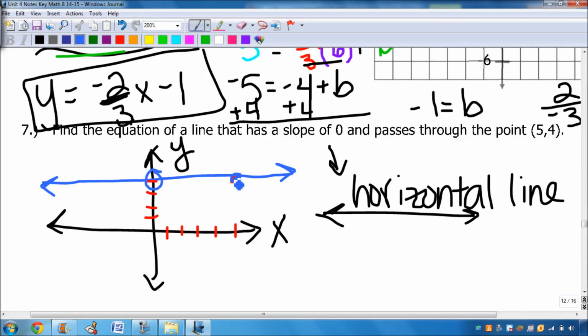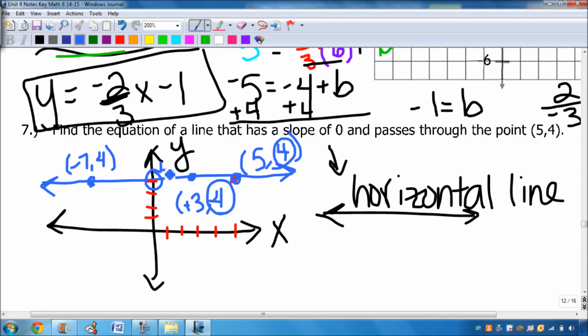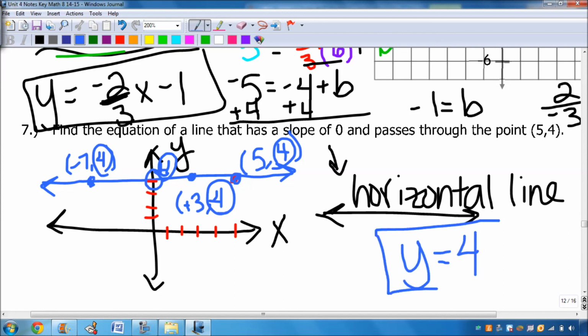Also, this coordinate right here is 5, 4. A random coordinate on the line would be like negative 7, 4. This coordinate right here is like 3, 4. If you notice, all of the y values here are all 4. So the equation of your line is simply y equals 4.